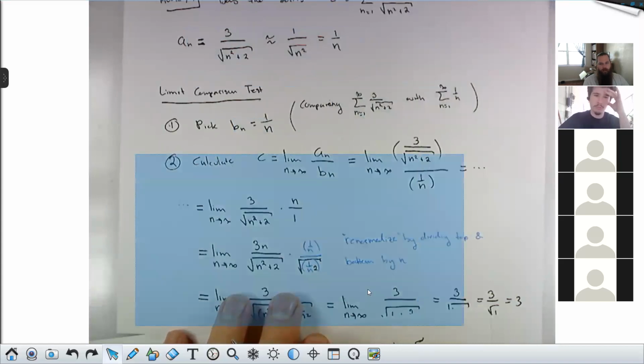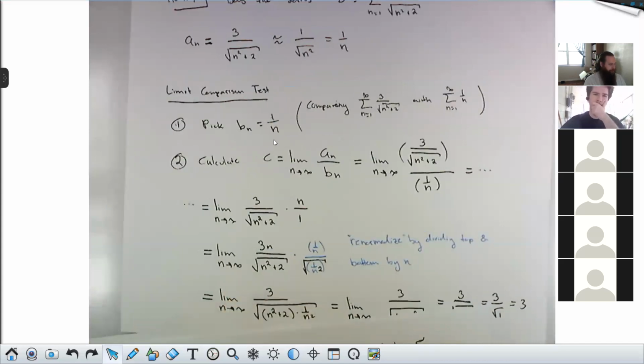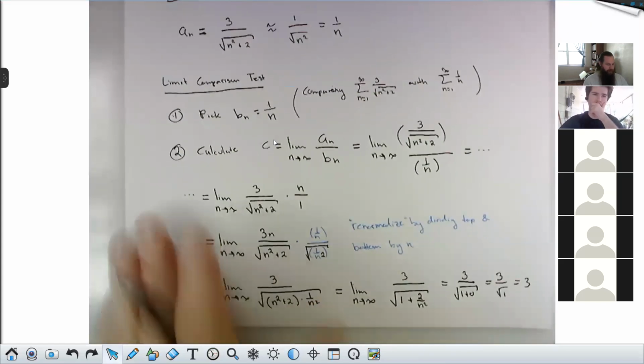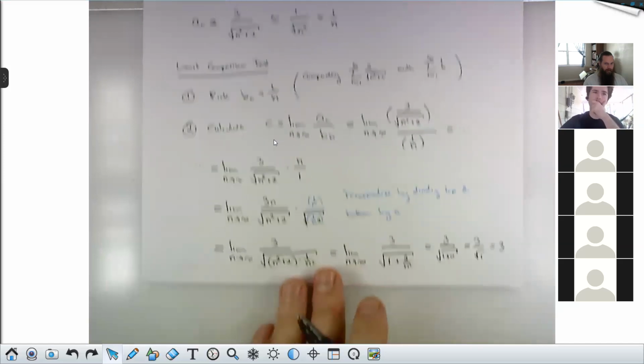This step is what checks that those two series do the same thing. And if this came out to a number that is not positive or not finite, precisely as you said, it would mean we chose the wrong value for bn. Does that feel comfy? Yeah, let's keep going.